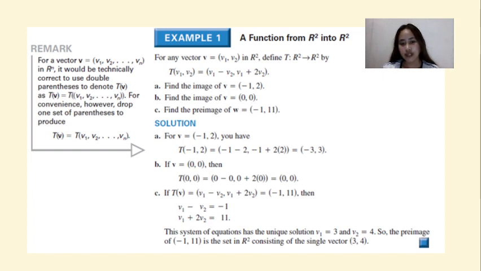So, the pre-image of negative 1 and 11 is the set in R2 consisting of the single vector (3, 4).